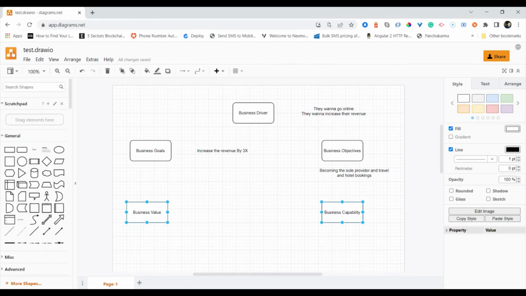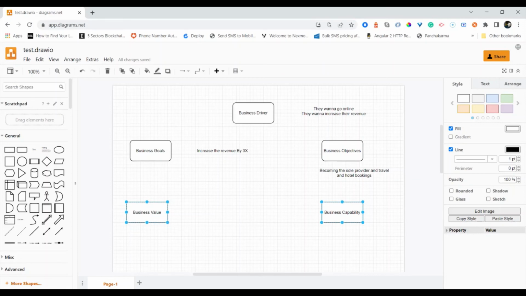Now, if your business value is reaching the end customers and digitizing yourself more, then the primary stakeholders are your end customers, who are the end users. It can be the end users, and it can be your internal employees, because you are taking your process from offline to online.